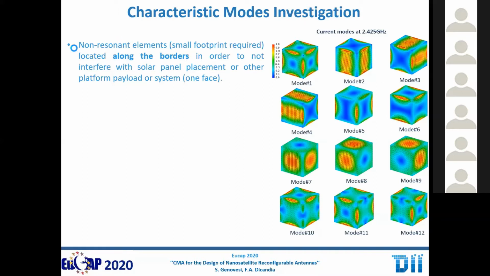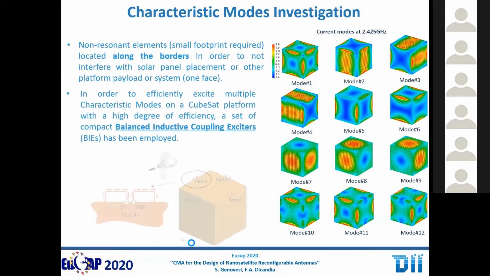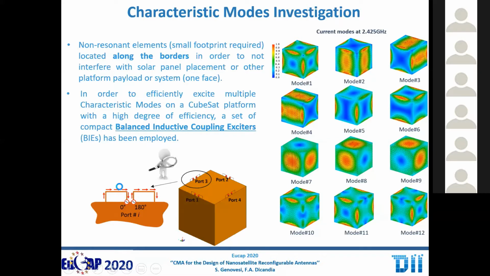Our exciters have to be small enough, also because these CubeSats are put together inside a single launcher. They are piled up, so for that reason too we cannot use a lot of space. So we decided to employ these balanced inductive exciters, since they are quite small, to be placed on the edges, at the maximum of the current distribution.